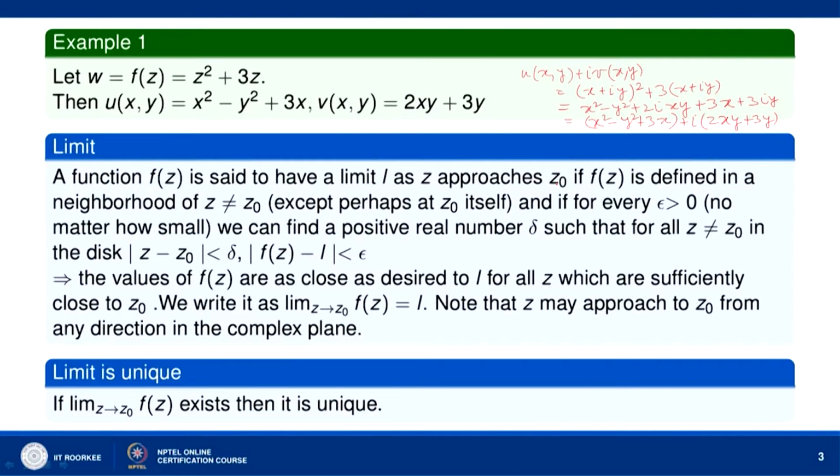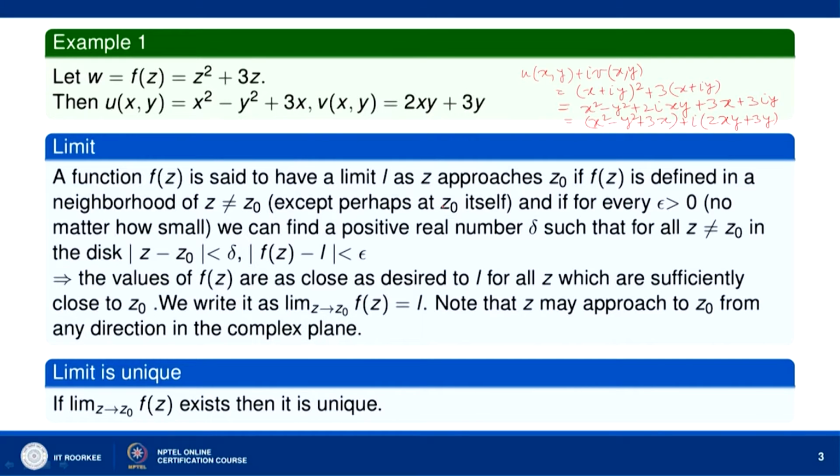Now, let us define a limit. A function f(z) is said to have a limit L as z approaches z naught if f(z) is defined in a neighborhood of z naught, except perhaps at z naught itself.